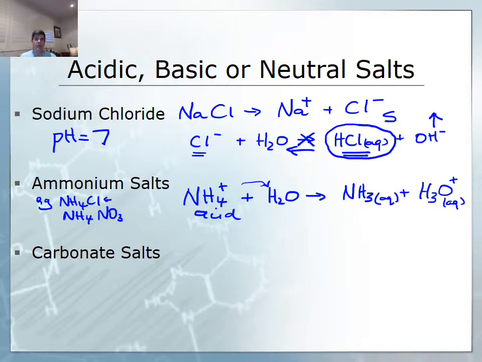Now, of course, the thing we need to check is that everything's balanced. 1 nitrogen, 4 and 2 is 6 hydrogens, 3 and 3 is 6 hydrogens, 1 oxygen, and also an overall 1+ charge. So we've got a balanced equation here.